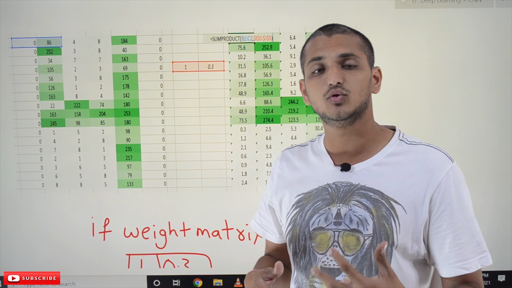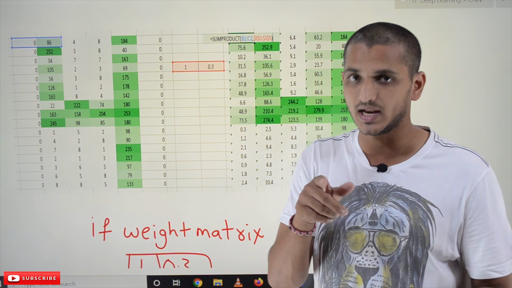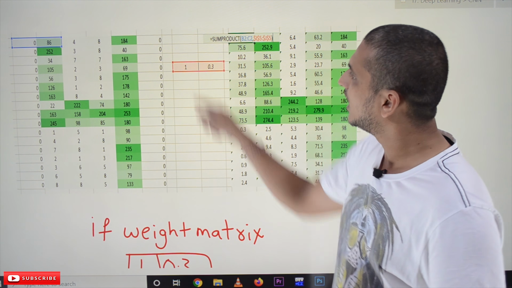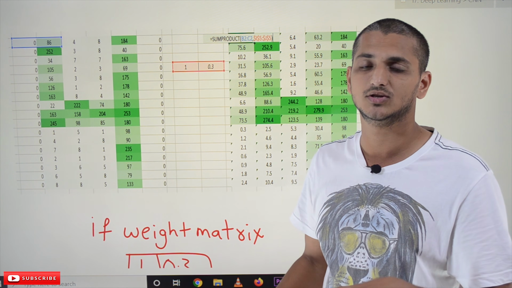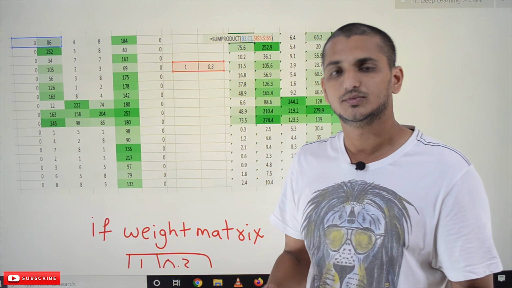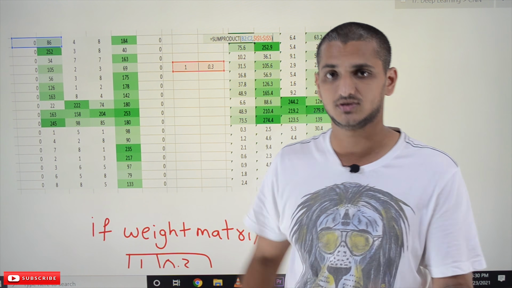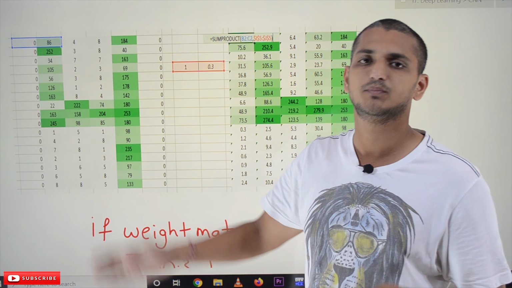So we have to do padding on all the sides. Padding means we add one layer of zeros on all the sides: down, up, left and right. That is what padding means. Padding equal to 1 means we add one layer of zeros. Padding equal to 2 means we add two layers of zeros like this. That is what padding is.